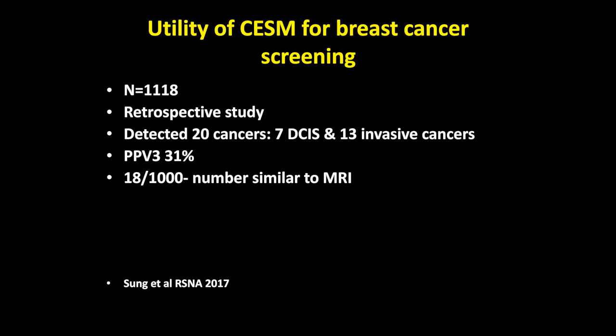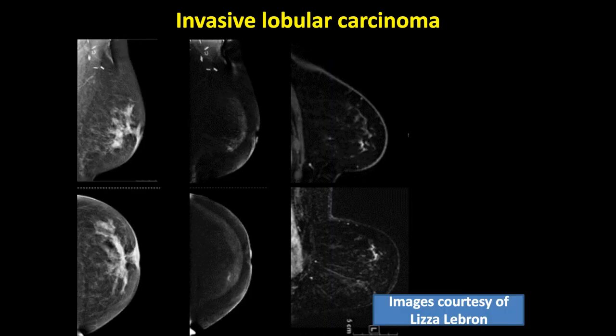We recently presented our accumulation of over 1,000 patients that we have done for screening, and we have demonstrated that contrast mammo depicted 18 per 1,000, which is similar to MRI. So here is another patient from this population of screeners, heterogeneously dense breast tissue, and a very small enhancing mass is seen in the lower inner quadrant of the breast.